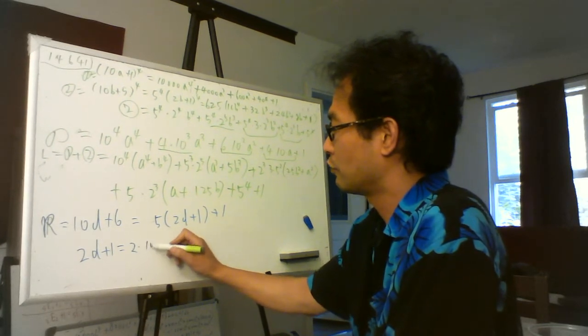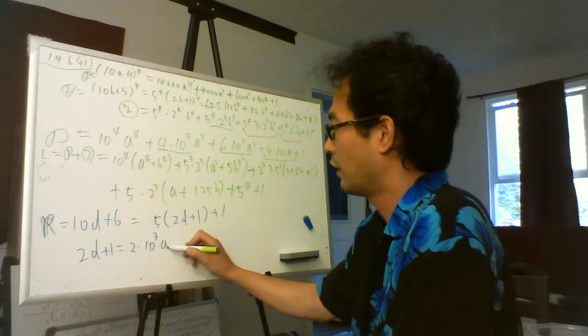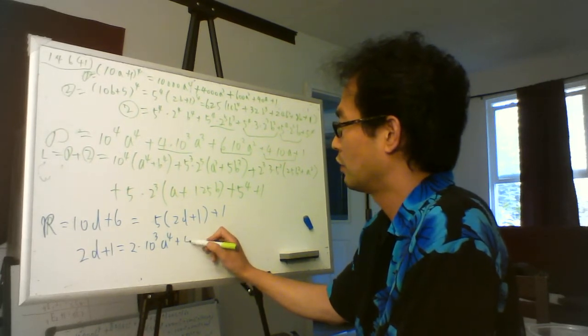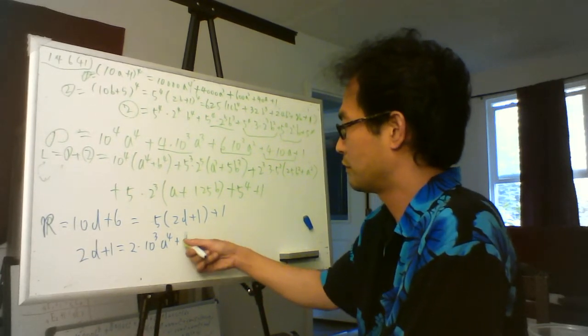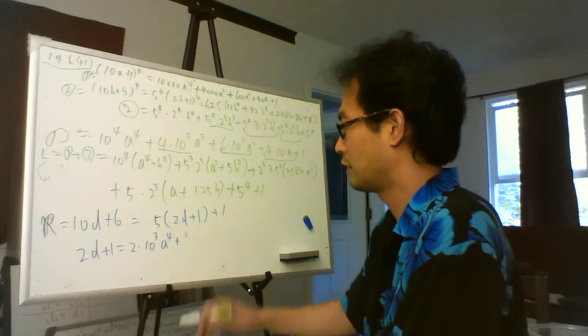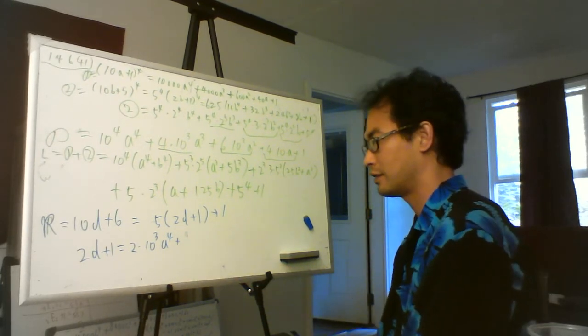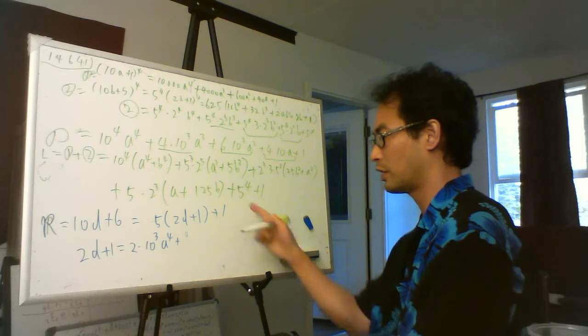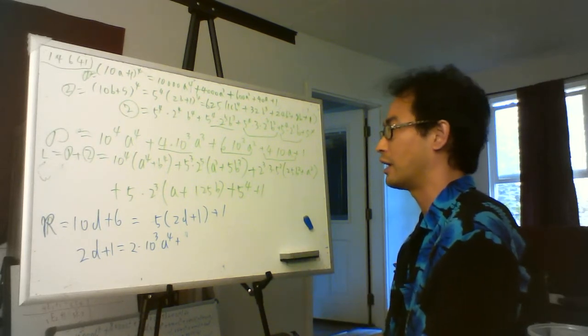2 times 10 to the third, a to the fourth, plus... we're dividing by 5, right? Subtract 1, divide by 5.